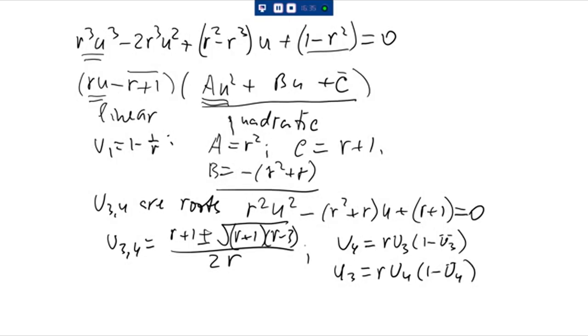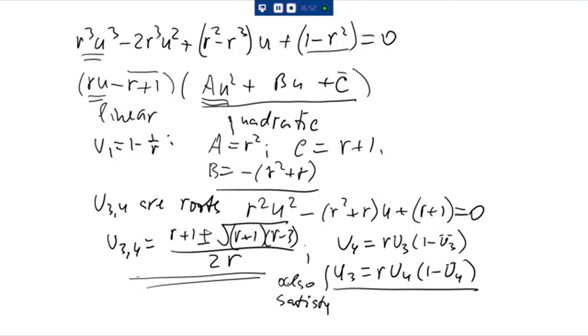I hope you understand this, and you can double check whether these roots also satisfy these two. This can be found in lecture notes 1 on page 13.